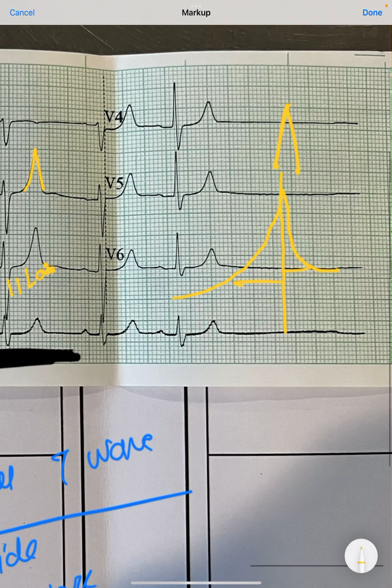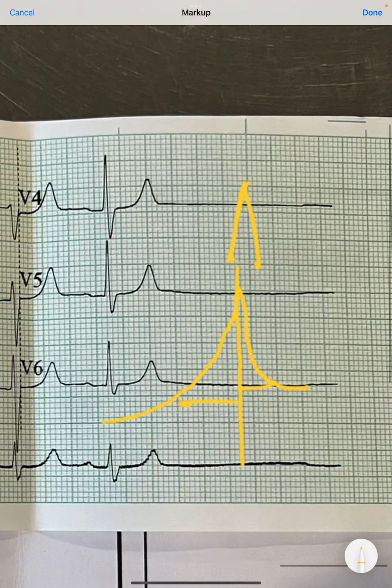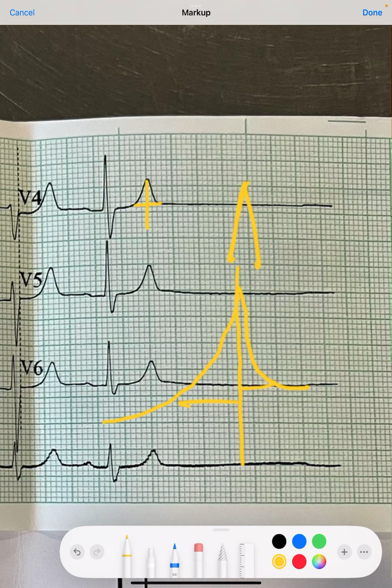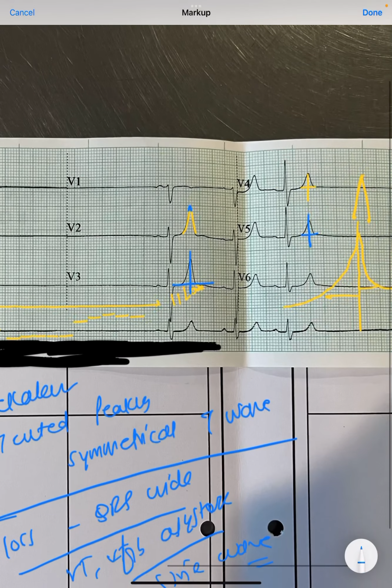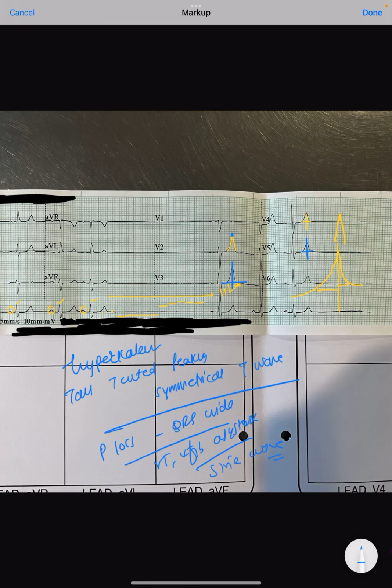But in hyperkalemia, you see a perfectly symmetrical T wave. From exactly the mid, you can see that this T wave is perfectly symmetrical, and that holds true everywhere. So symmetrical, tented, peaked T waves with cardiac arrest highly suggest that this patient may have hyperkalemia.